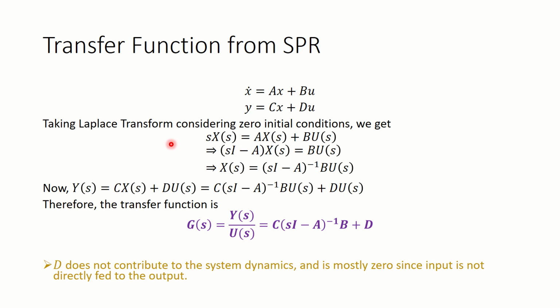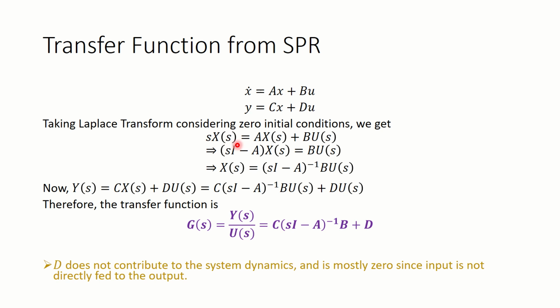What we do is simply take the transfer function. We simply take the Laplace transform considering zero initial conditions. Since it is the Laplace transform, we know that we have to consider zero initial conditions. We take the Laplace transform of the first equation, the dynamics.